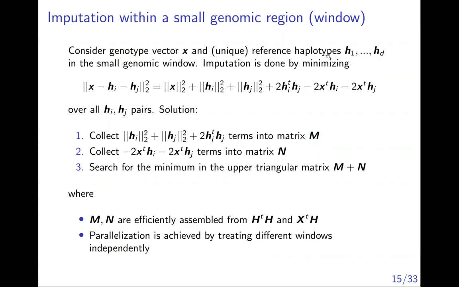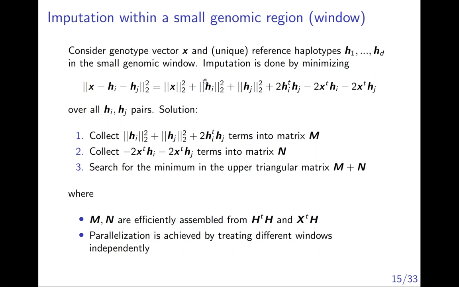So given this setup, if you want to do imputation, you basically want to find 2 haplotypes such that their vector sum is approximately X, right? And that can be done by minimizing this least squares problem over all possible H_i and H_j. So how do we do this?